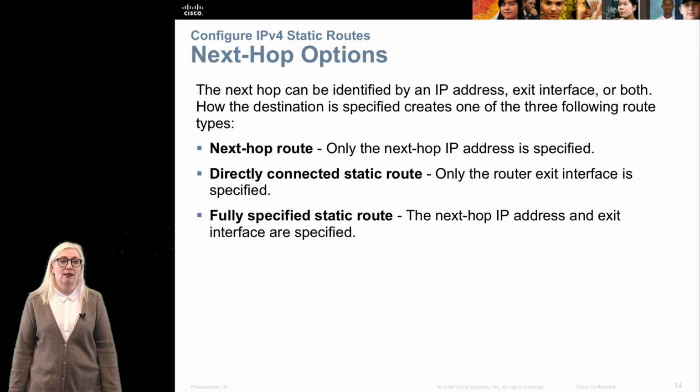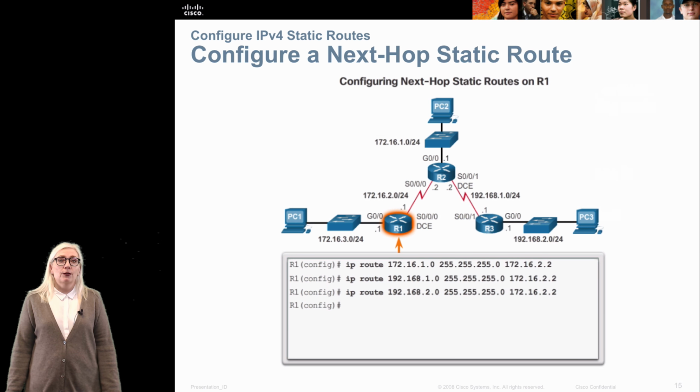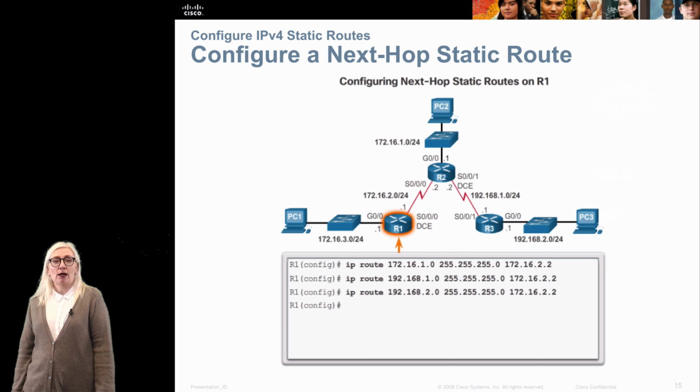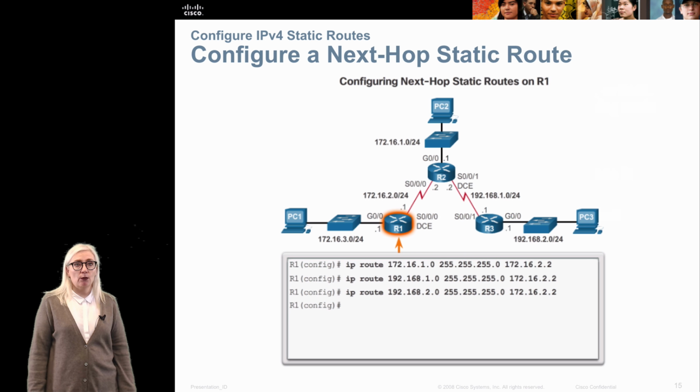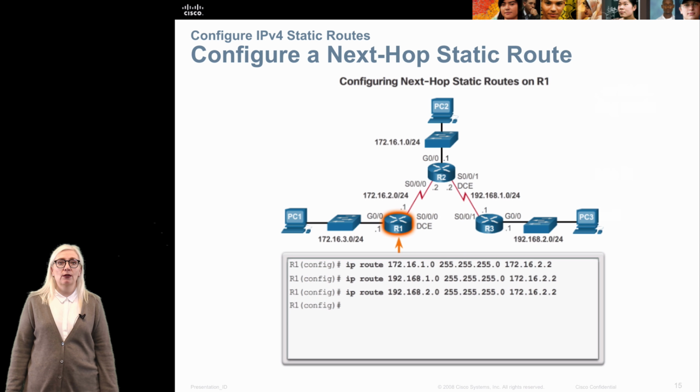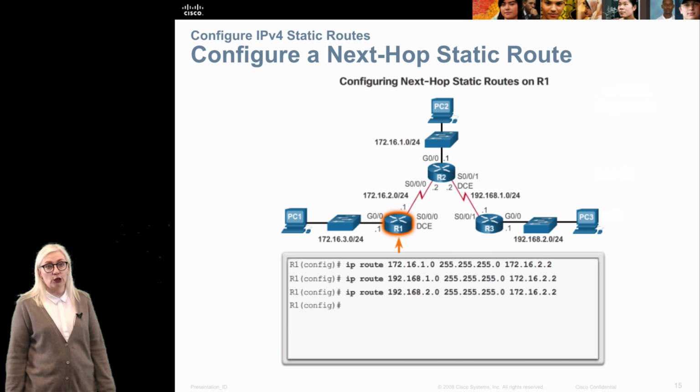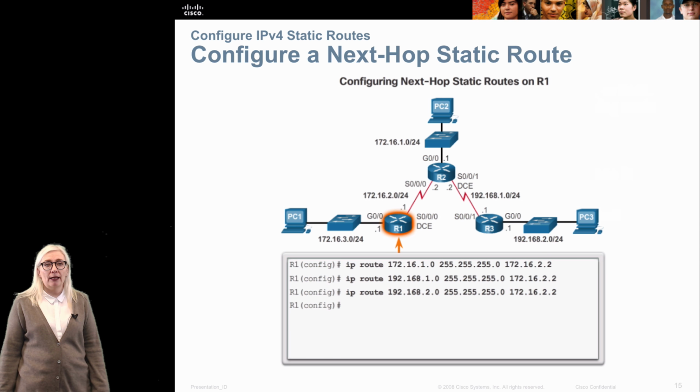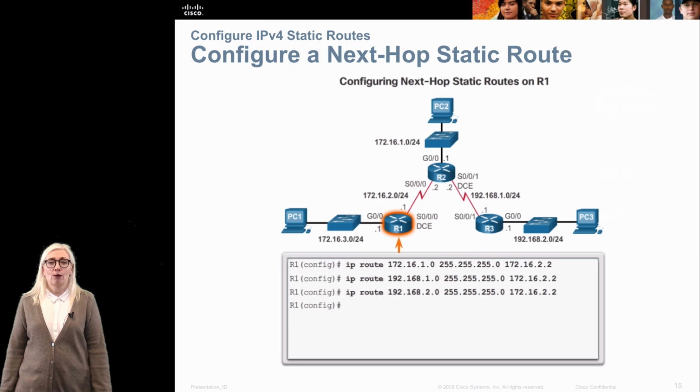and the exit interface. So if we want to do it like here, we are now in router 1. I want to make a connection to the networks behind router 2 and also behind router 3.